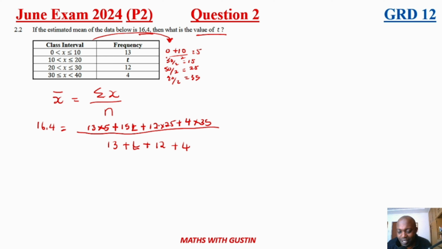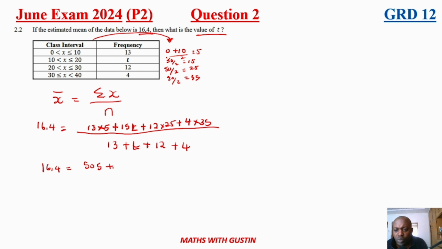So what do we do in this case? We have to look for t. I'm just going to simplify this as it is. 16.4 is equal to, when I add these numbers on top, 505 plus 15t.